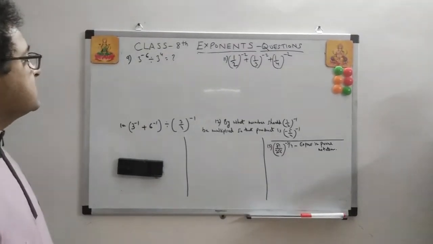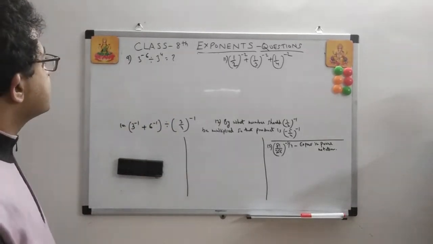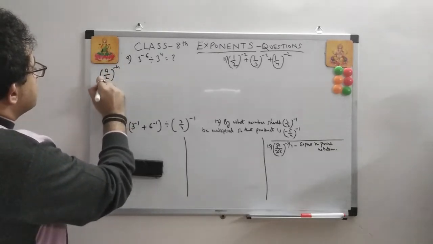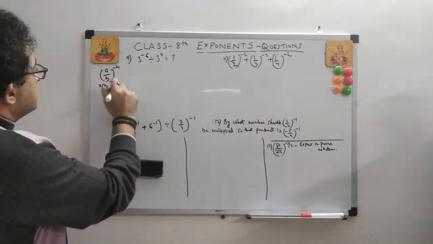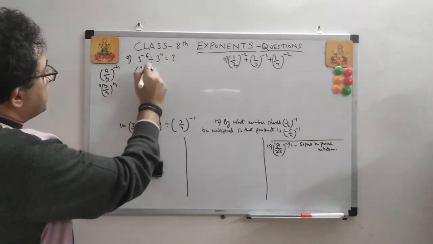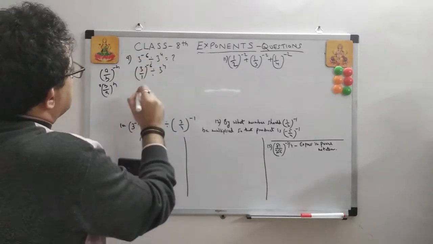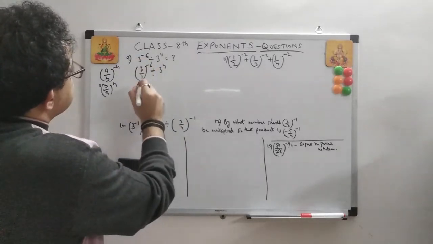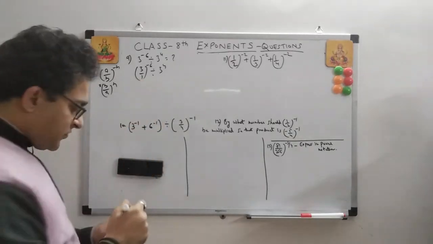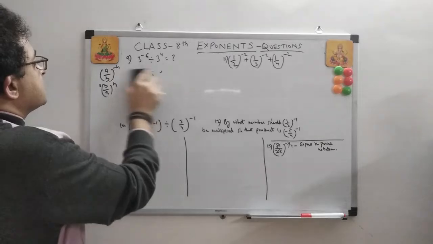3 to the power -6 divided by 3 to the power 4 is equal to, so again this is the law, (a/b) to the power -n is equal to (b/a) to the power n. Okay, I'm sorry, we can simply do it directly by the formula.